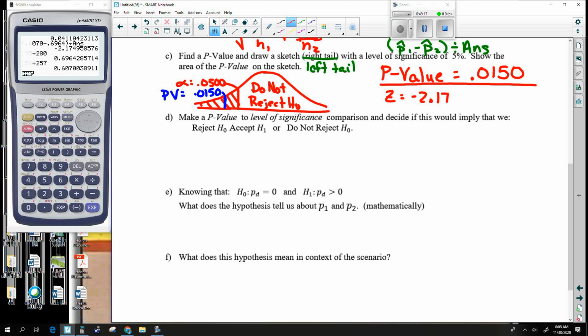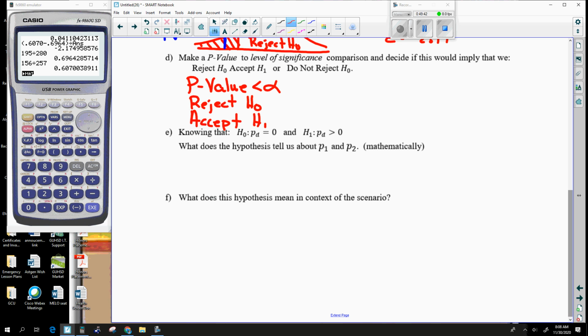Okay. So knowing that H naught is PD is equal to 0 and PD is greater than 0, what does this hypothesis tell us about P1 and P2 mathematically? All right, so we accepted H1. So H1 is this. So we're taking PD is greater than 0.